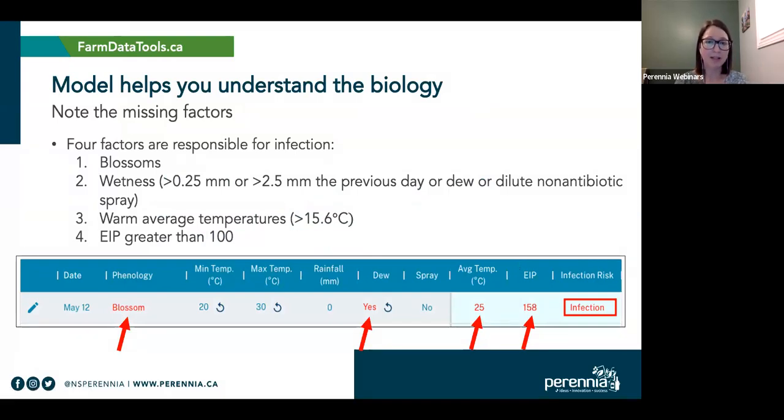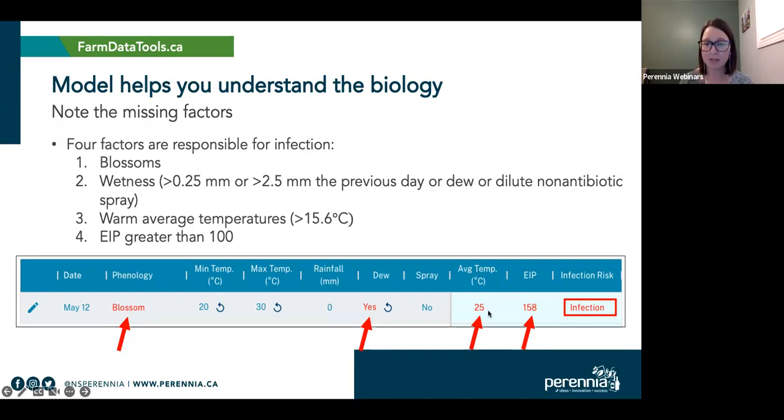So as we dive into the model, I don't want you to forget the biology that plays into it. So the model is showing you those exact 4 factors that we talked about. When you're looking at the model, we've got whether or not blossoms are open in the phenology section. We've got whether or not there was a wetting event, which would be a rainfall or a dew. And there's a dew in this case, and that's highlighted in red because that's one of the factors being met.